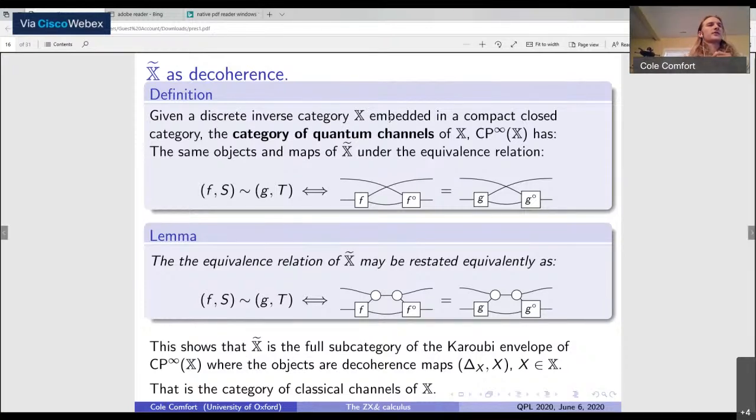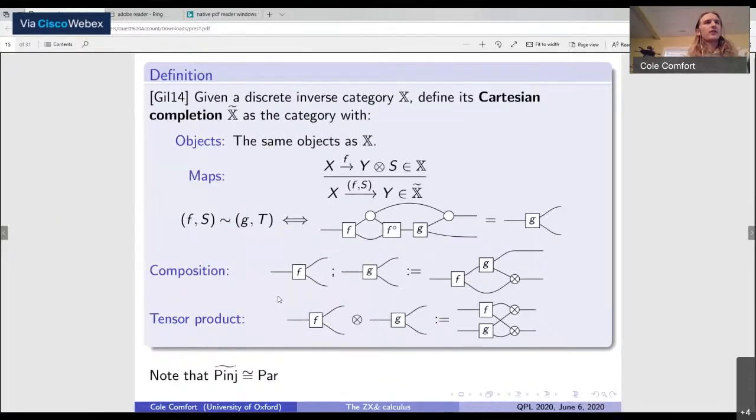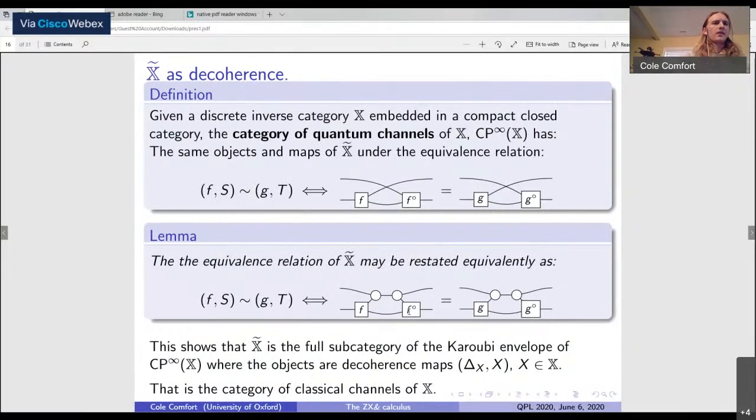It's like Coecke's CP-infinity construction, where it's like the CPM construction, except you flatten out the maps, and you say two maps are equal if and only if these Krauss maps are equal. Well, I prove in the paper that the equivalence relation here for the Cartesian completion can be restated in this way.